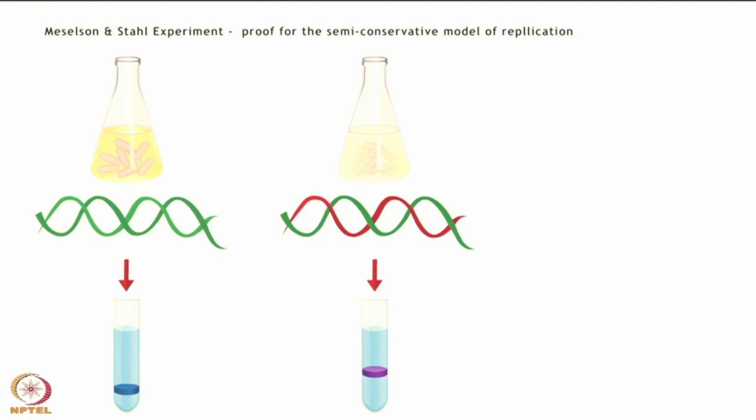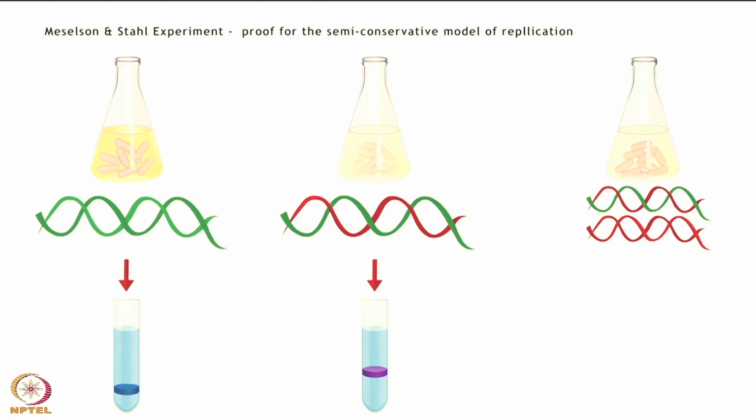The parent DNA showed one band in CsCl gradient corresponding to N15 DNA. The first generation daughter molecules also showed one band which was not at the same position as parent DNA.